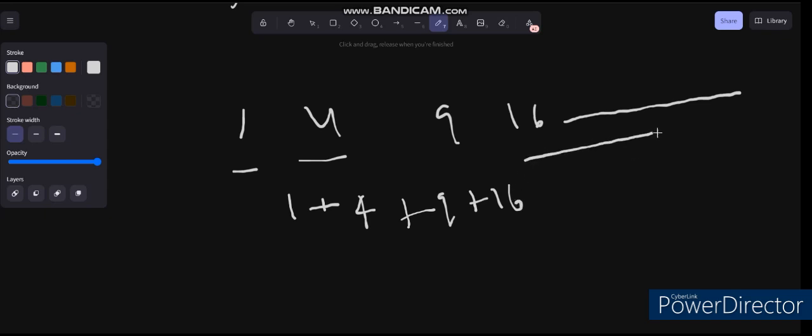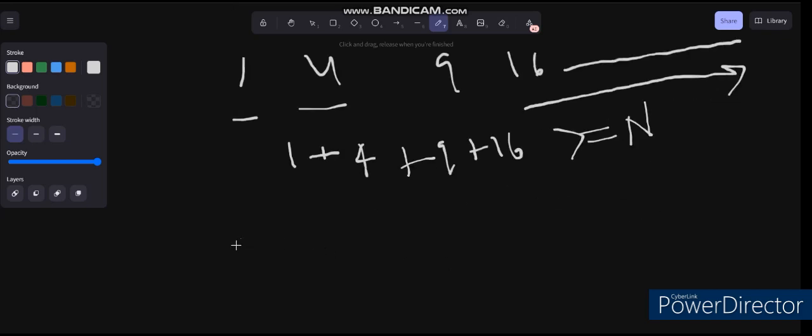We will keep going forward, and at some point our energy will become 0 or negative, meaning the sum will become greater than or equal to n. At what point will it be greater than or equal to n? In that case, we have to stop.